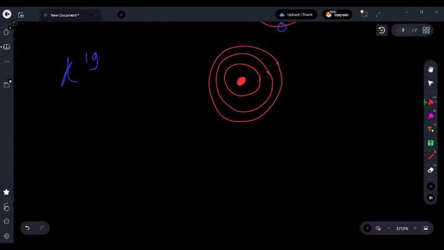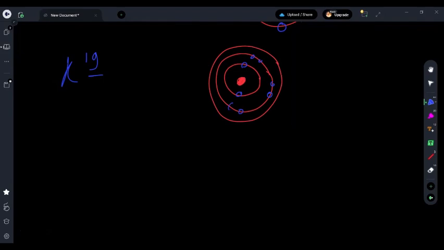Now, how can we distribute the 19 electrons inside the shells here? The first one all the time takes 2, as we know. The second one takes 8 electrons, as we have here. Now, the third one also takes 8 electrons, if 8 are available.